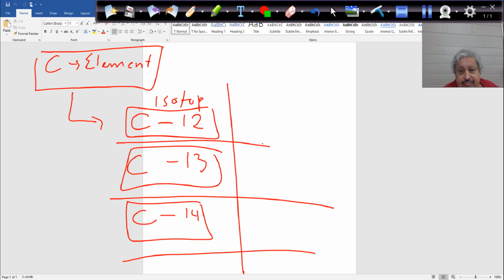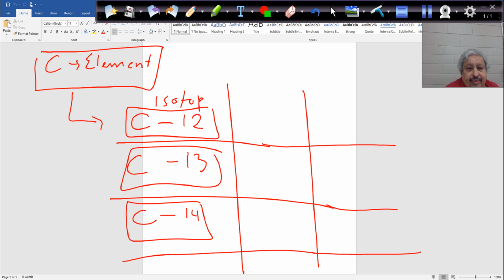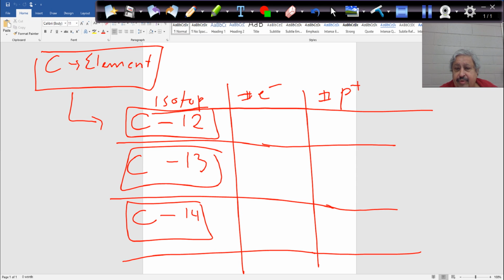So from this one, back again to the same problem we had: number of electrons, number of protons, and number of neutrons.